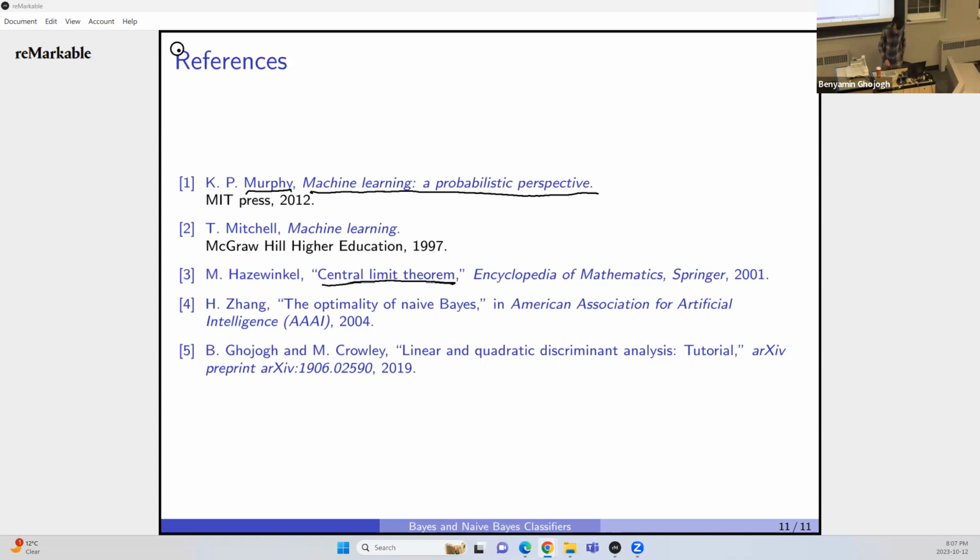Why am I citing the central limit theorem? I think someone asked me last session why the Gaussian distribution is important. We say it's the most common distribution in the world because, according to the central limit theorem, if you give me a bunch of data points from different distributions and I add them up, approximately the distribution becomes Gaussian.